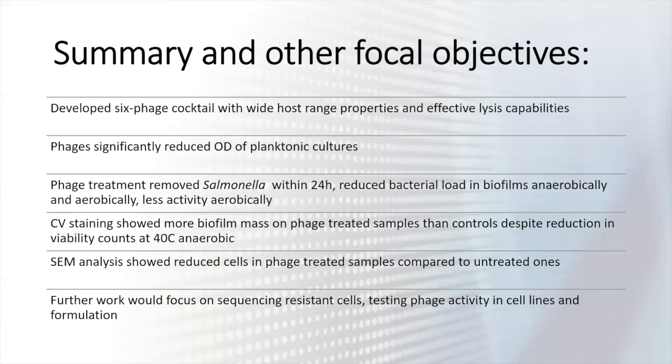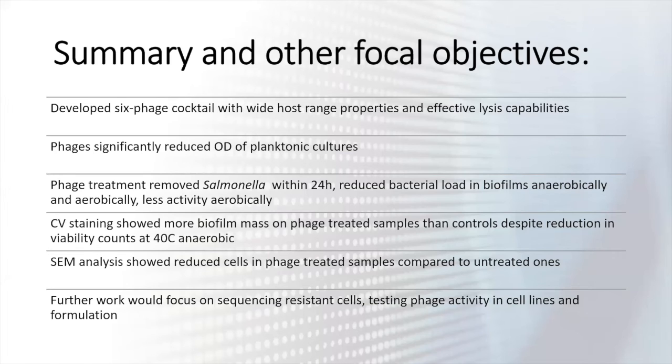So just to summarize, we show that we are able to develop a phage cocktail comprising 6 phages, and these have very wide host range properties and effective lysis capabilities, and they're able to reduce resistance development.